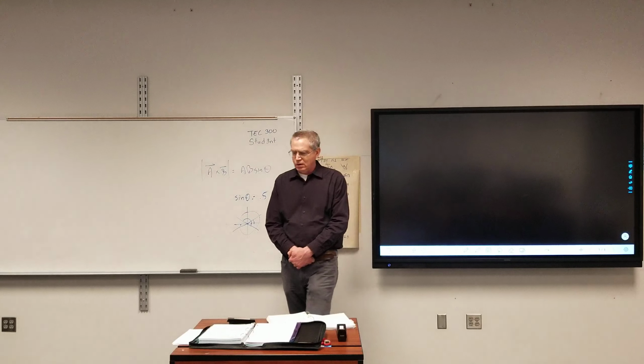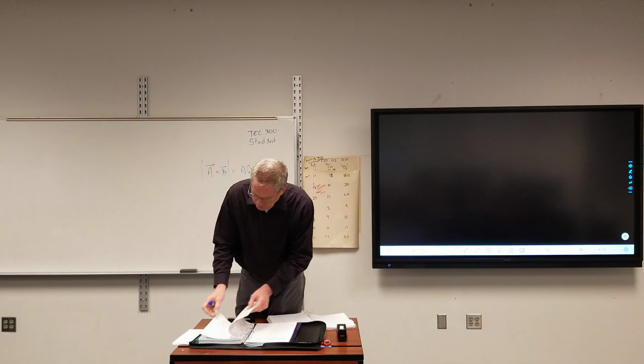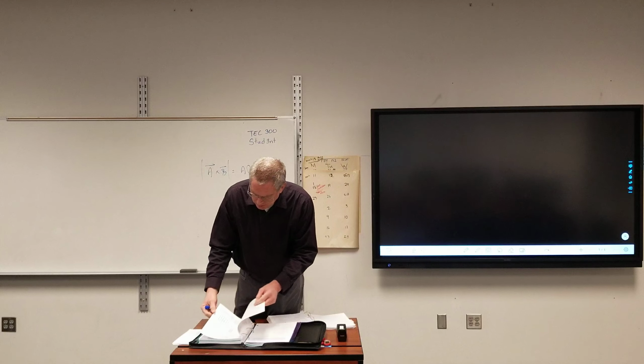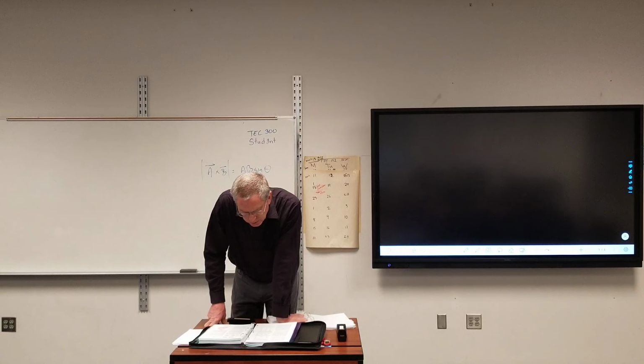Then number 55. I just couldn't find the picture, so it was a little confusing. I don't know if you had the picture. 55, figure 22.57: a long straight wire near a rectangular current loop, find the direction of the total magnetic force on the loop.